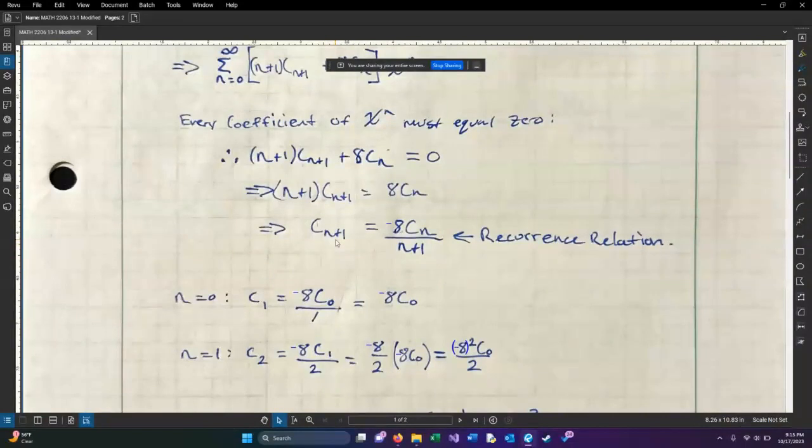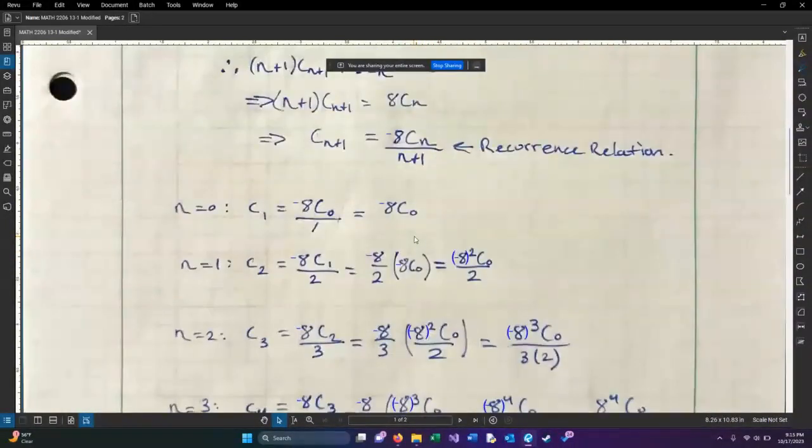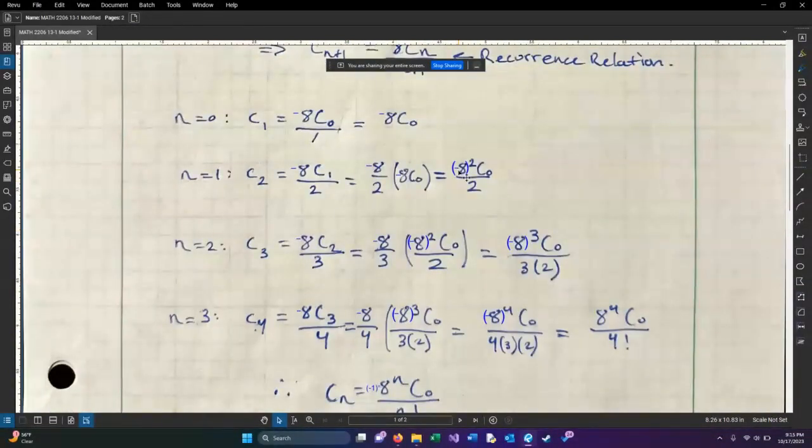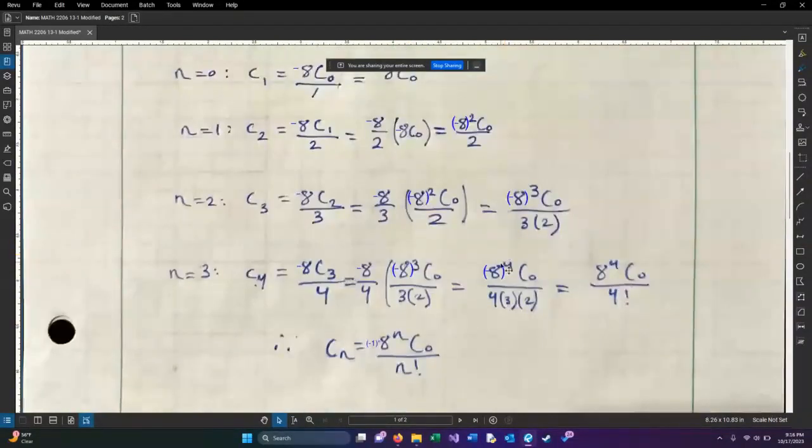So you get c_(n+1) is equal to -8 c_n over n plus 1, which is the recurrence relation. And then I plugged in n equal to 0, 1, 2, and 3 in order to determine the pattern. I had to do some corrections here because I forgot the negative when I first did it.